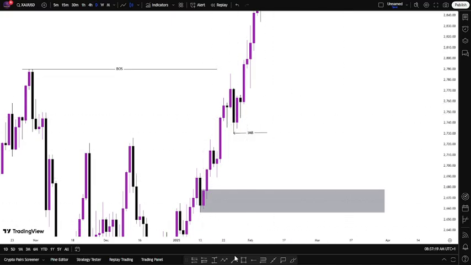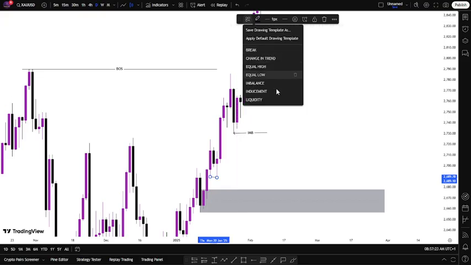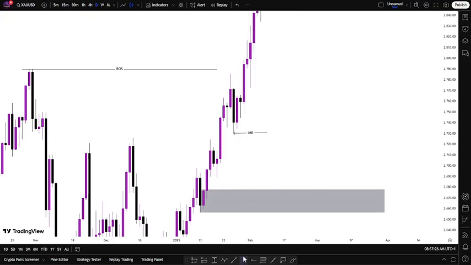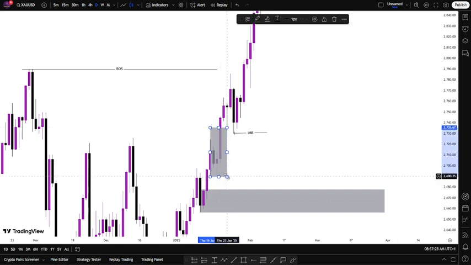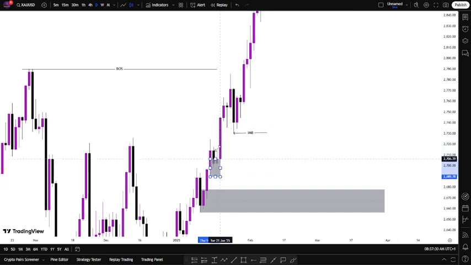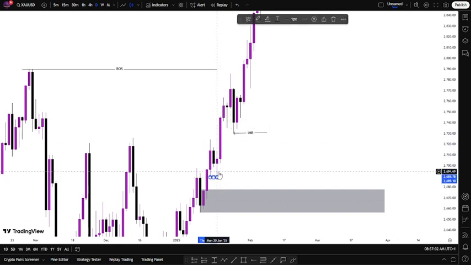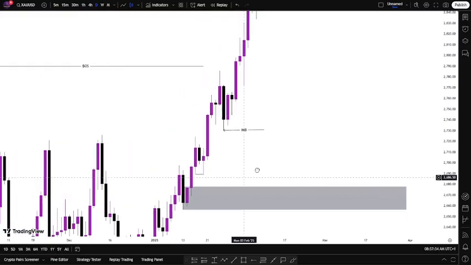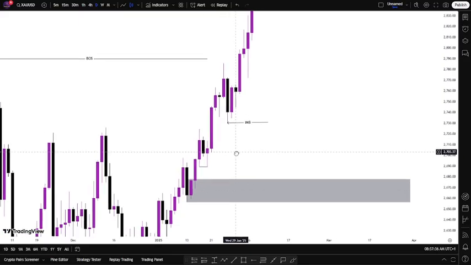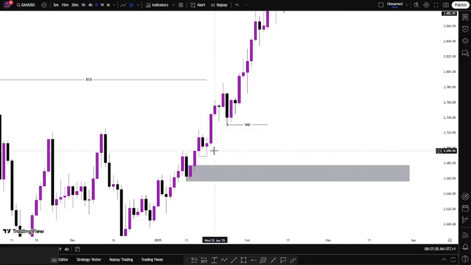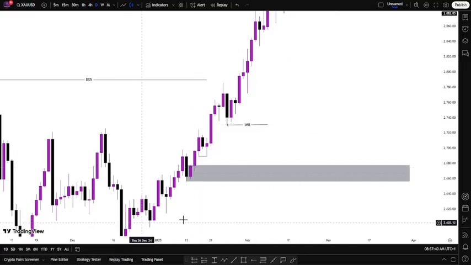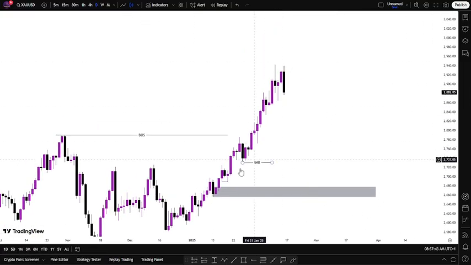Below it we have equal lows. I'm expecting price to come and sweep them, tap into this demand, and then move up.